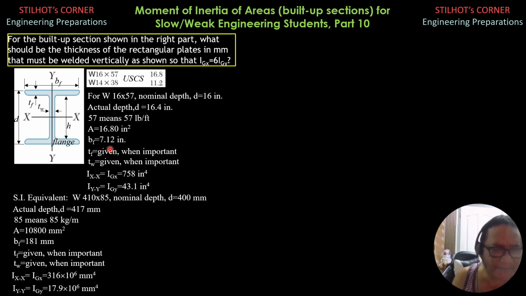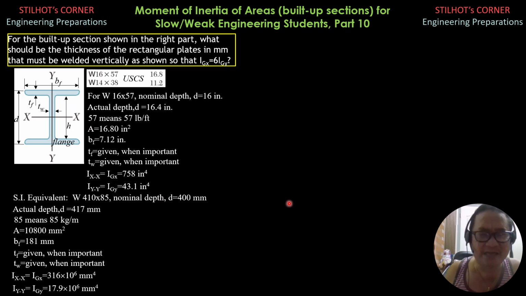BF is 7.12 inches times 25.4, so that's around 181 mm. The rest is the same. IXX is 758 times 25.4 to the fourth, so to three significant figures, 316 times 10 to the 6, and 43.1 times 25.4 to the fourth is around 17.9 times 10 to the 6.